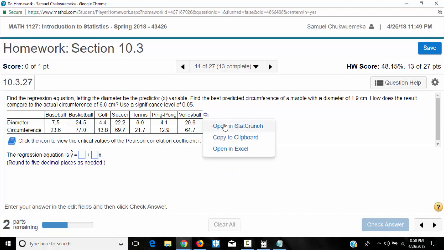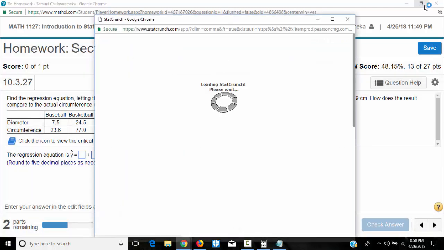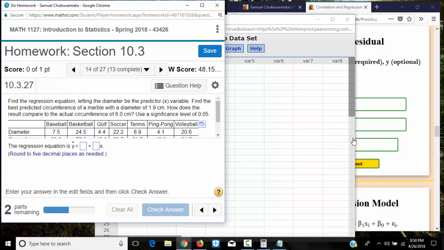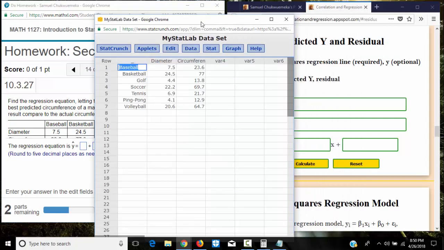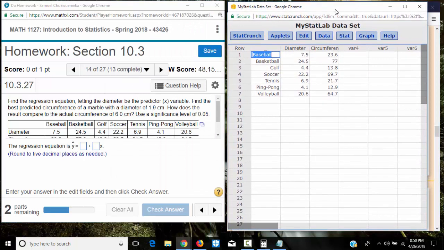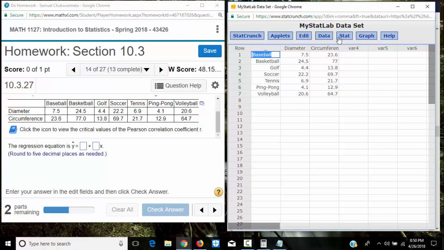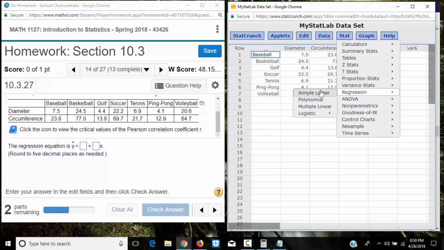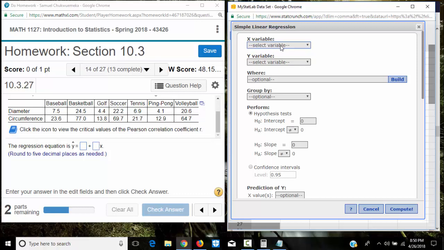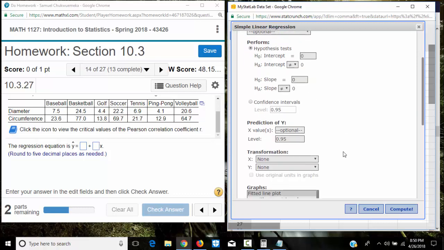So we open this in Statcrunch. We go to Start, Regression, Simple Linear. Our x variable is the diameter, y variable is the circumference.